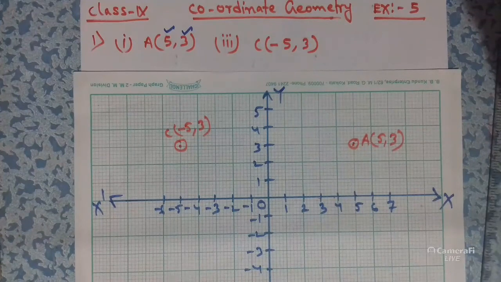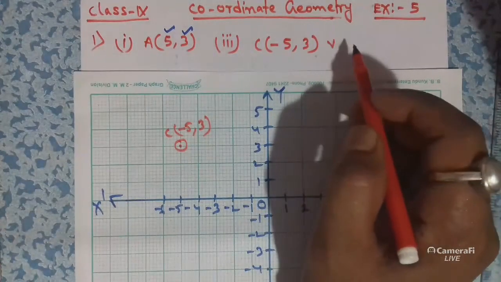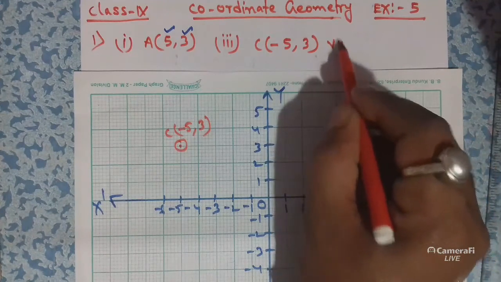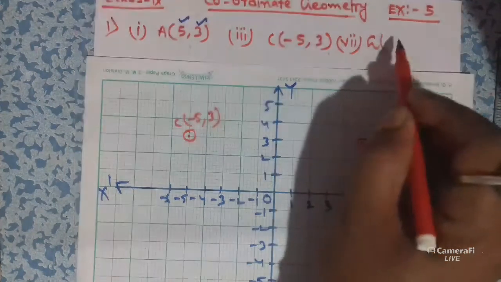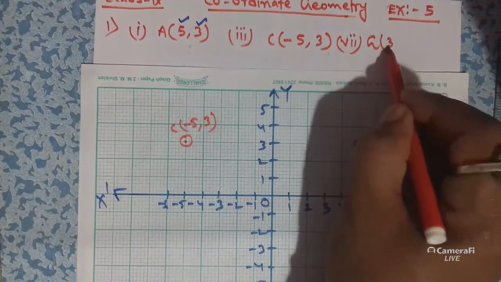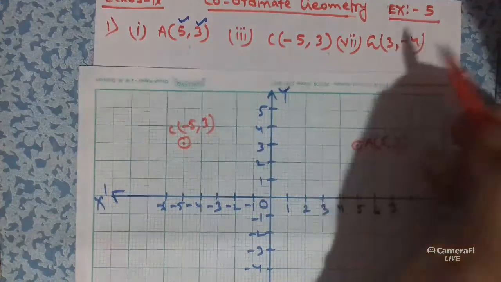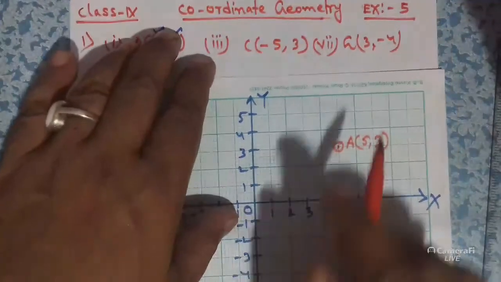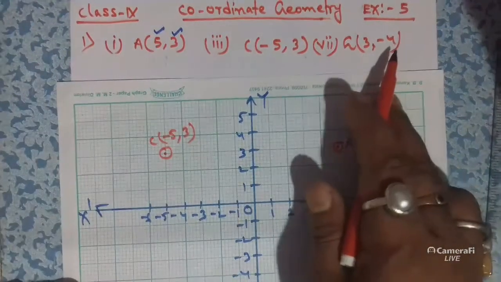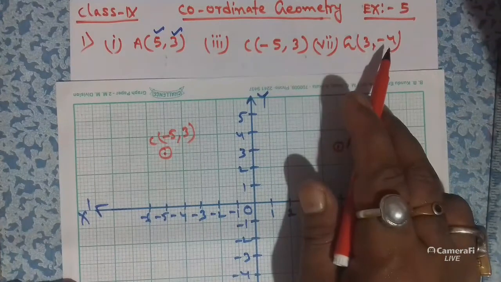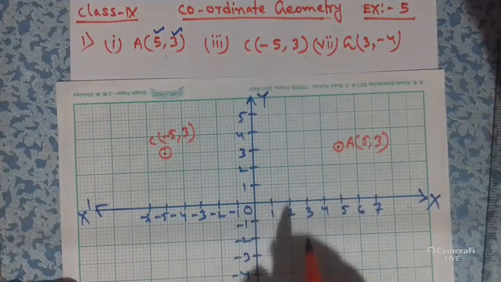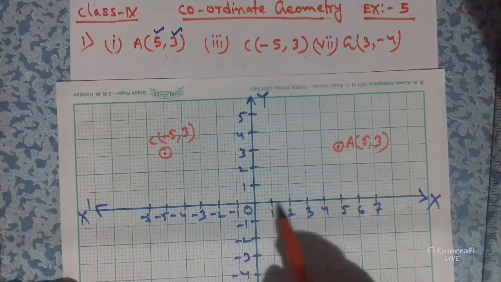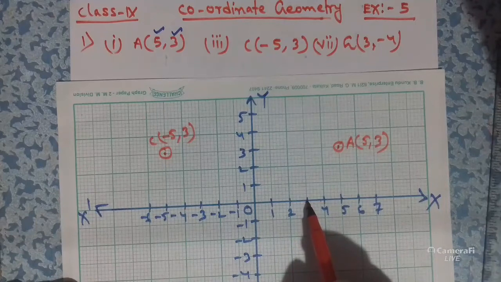Another one I am going to show you. This one is G (3, -4). In this point you can see that the value of x is 3 and y is minus 4. In this case y is negative. So at first we take 3 on the x axis, 1, 2, 3, and then minus 4.